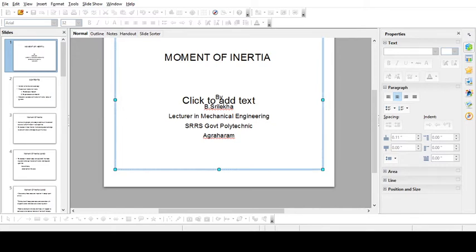The area of that particular figure is A, and let H be the distance between the two parallel axes, XX and AB. So according to our parallel axis theorem, the moment of inertia about the AB axis is equal to the moment of inertia about the XX axis plus A into H square.